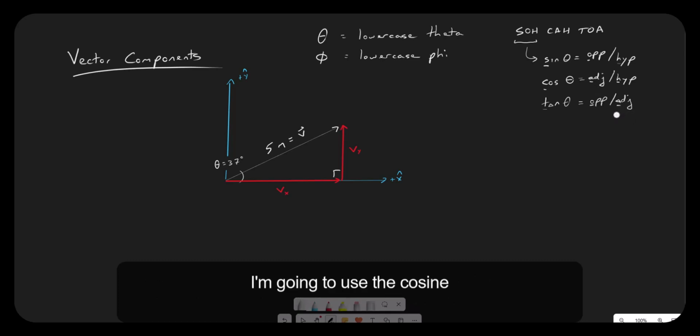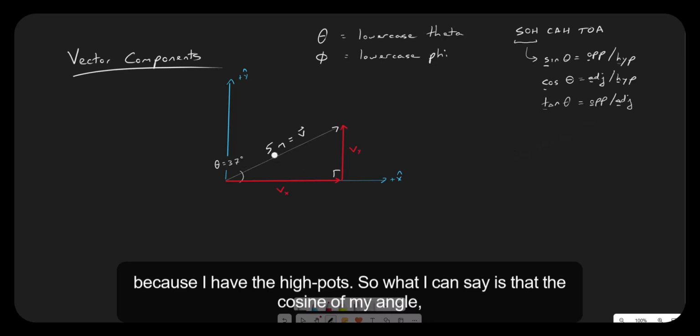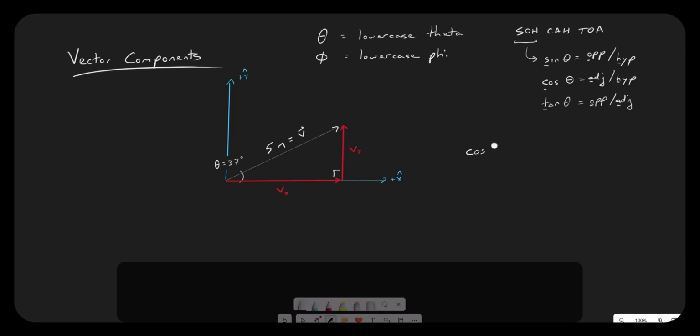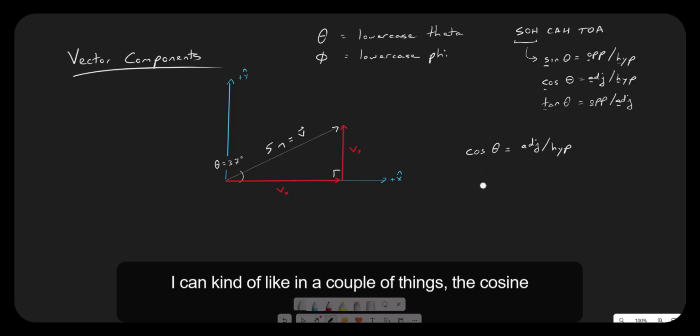I'm going to use the cosine because I have the hypotenuse. So what I can say is that the cosine of my angle, cosine theta, is equal to the adjacent side over the hypotenuse.